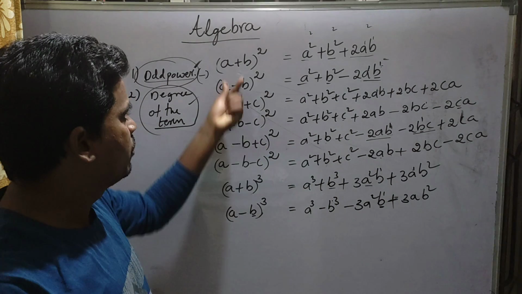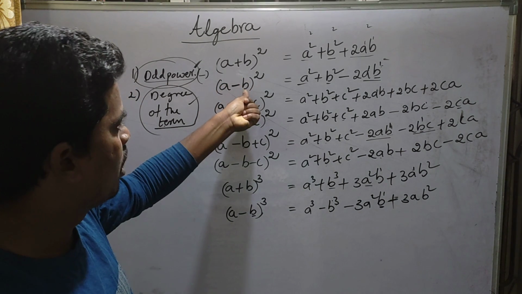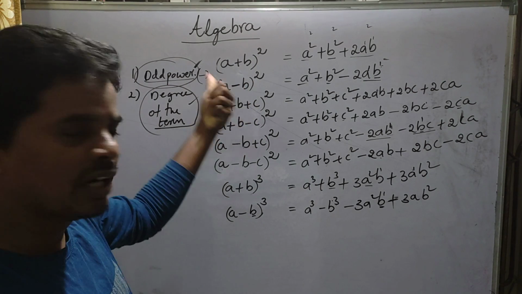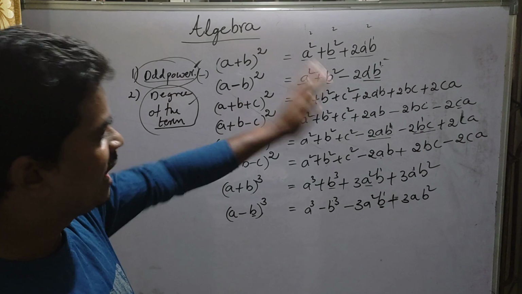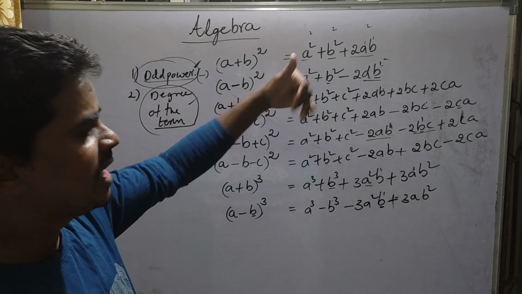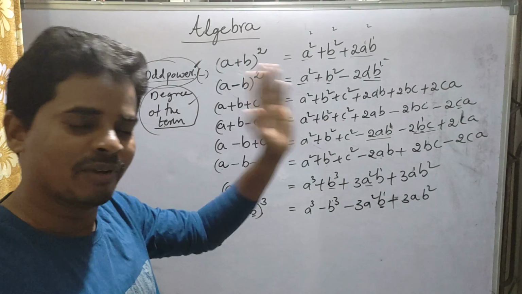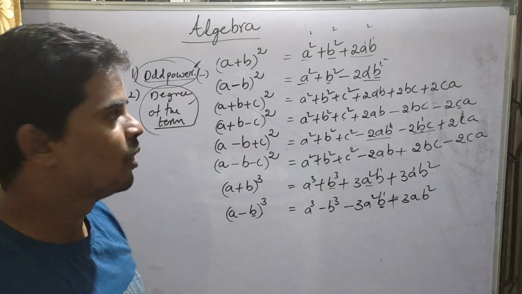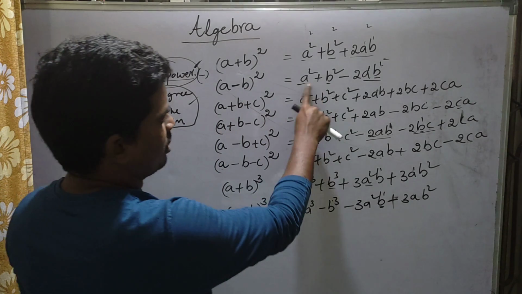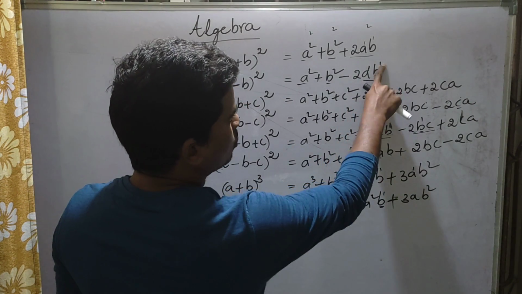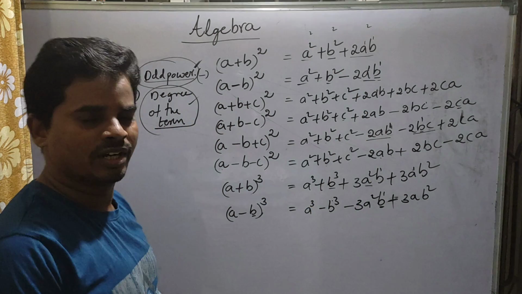Odd power means that in the expansion of the formula, if a negative term is there, then where that negative variable gets the odd power, there we will get minus, otherwise remaining all are plus only. Suppose (a - b) whole square is there: a square plus b square, b has negative and b power 1, so here we will get minus, students.